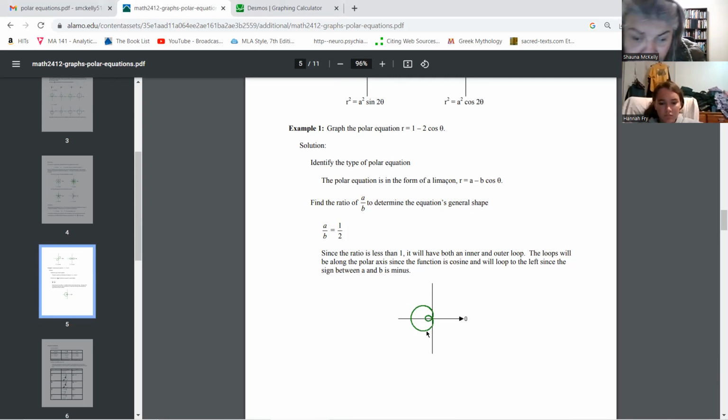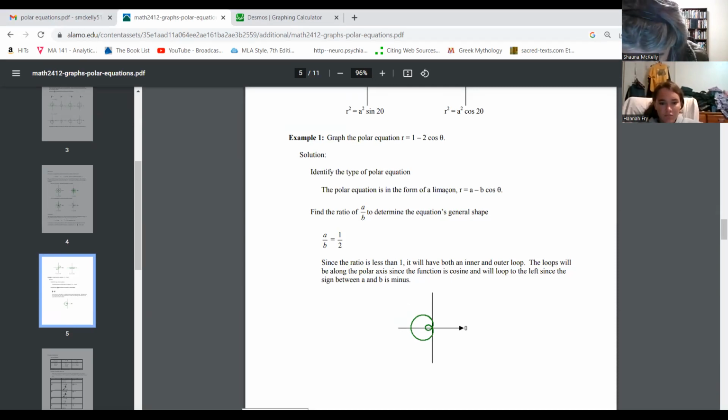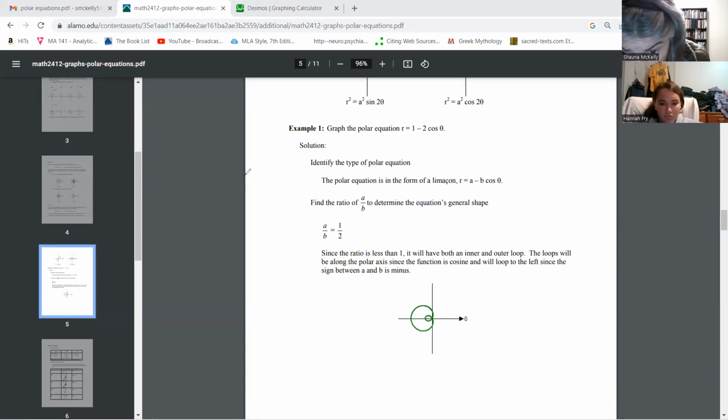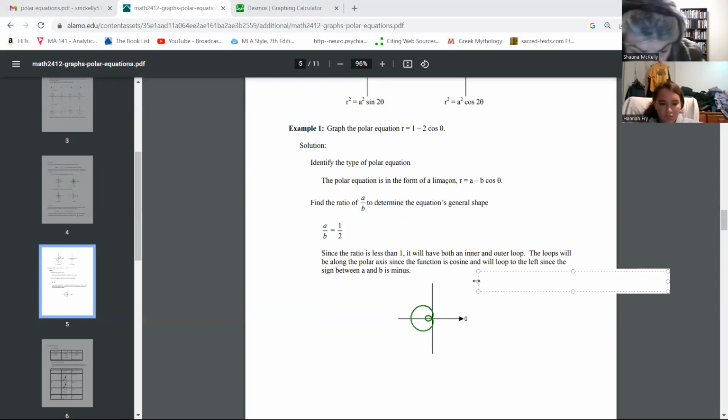The way I like to remember this, when I haven't taught it for a while, is this. Here I'm going to use my annotation tools. Okay, so I'm looking at this here, and I'm going to say my cosine is associated with x.